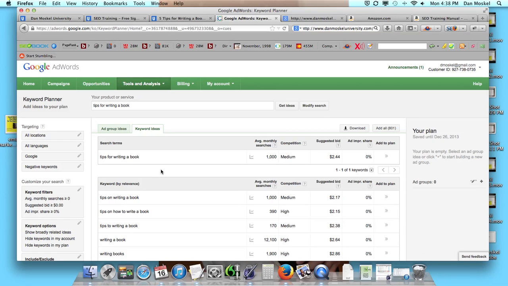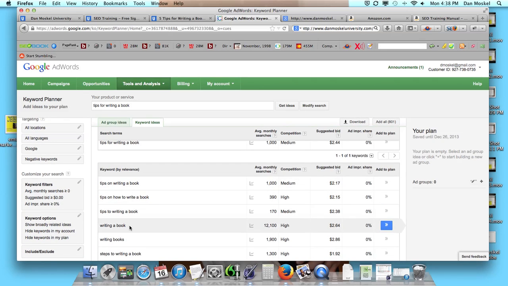You really need to make sure that your title is keyword rich and that you include the specific keyword term that is your laser target. So our page about tips for writing a book is also going to just naturally be related to the search term writing a book, which is searched for over 12,000 times a month just in Google.